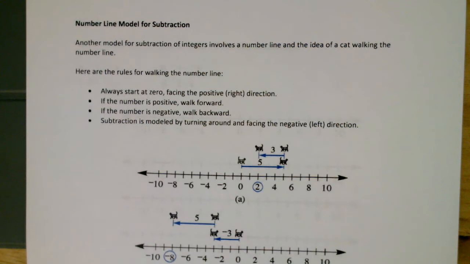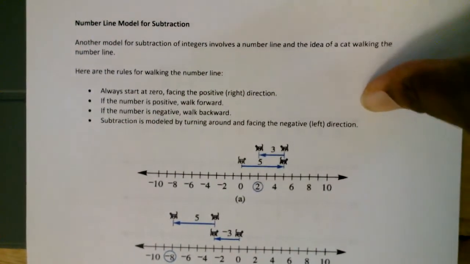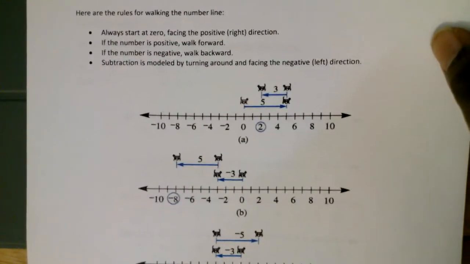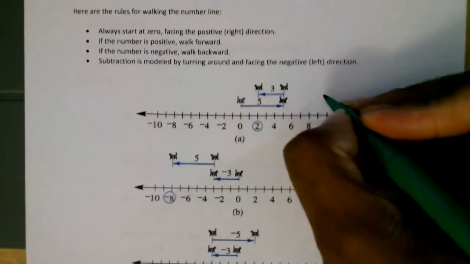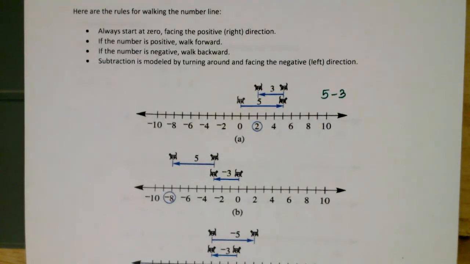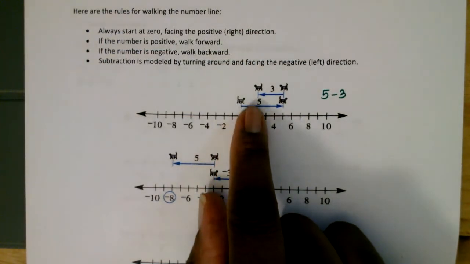Now, here are some illustrations that you see on your handout. Let's start with this one, 5 minus 3. In this case here, the cat is facing to the right.